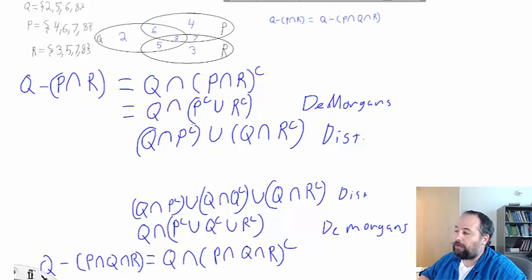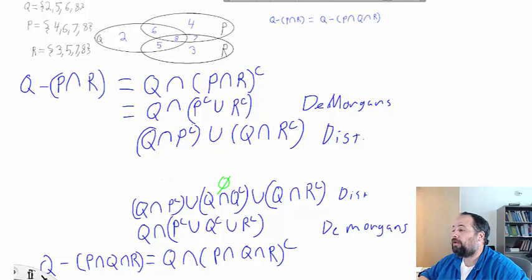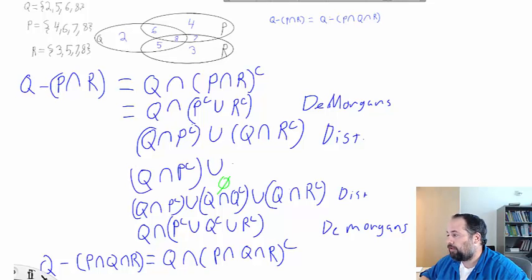And what should jump out at you right away is Q and not Q is the empty set, right? And anything unioned with the empty set is itself. So essentially that drops out, and we have Q intersection P complement unioned with Q intersection R complement.